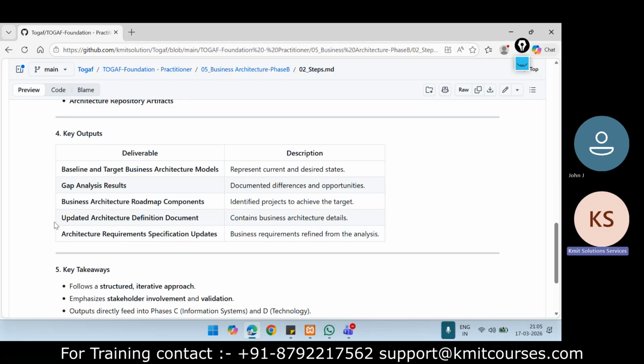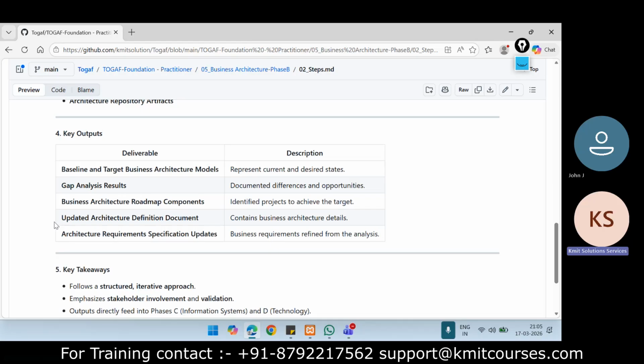The baseline architecture and the target architecture should be clearly mentioned, that is, what we are going to achieve after the completion of this ADM. Then the gap analysis results: that matrix which we have discussed, we can create a matrix. In that matrix, we can mention what things are already there in the existing architecture and what are not in the target architecture.